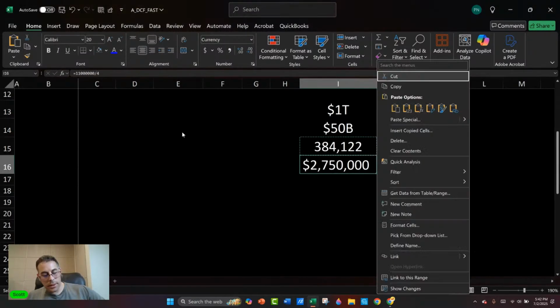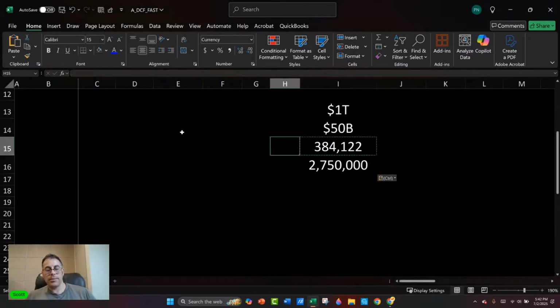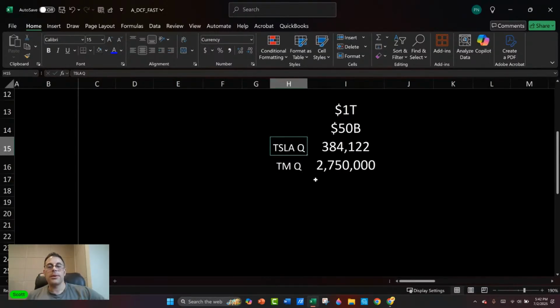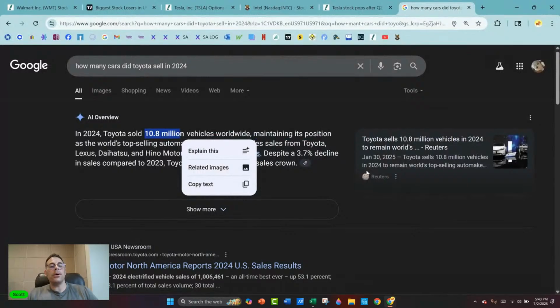So for the quarter, Tesla, 384,000 cars for the quarter, right? This is how many they sold. Toyota, 2.8 million. That's for one quarter. That's why it's so hard to buy Tesla. I don't know how people do it.